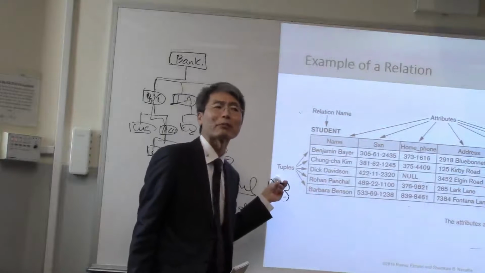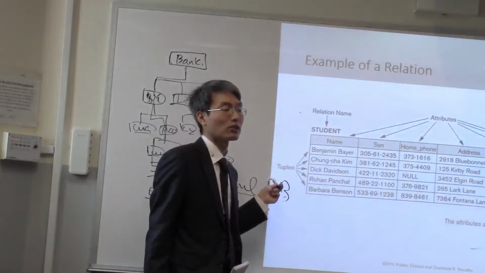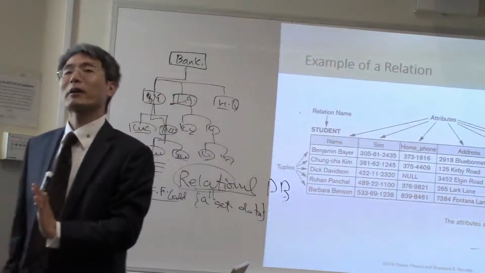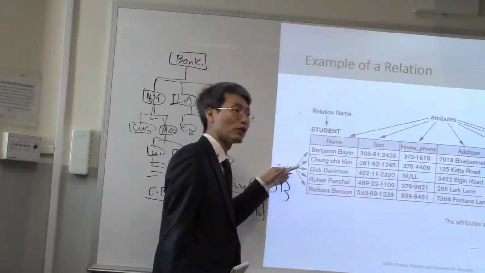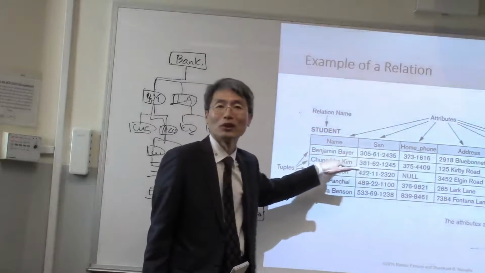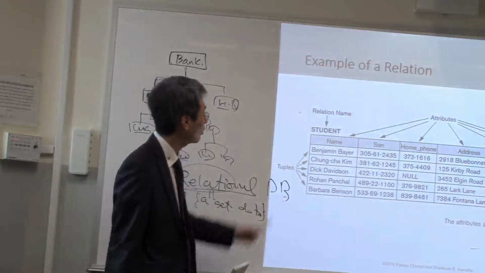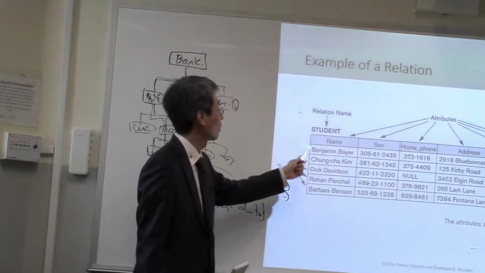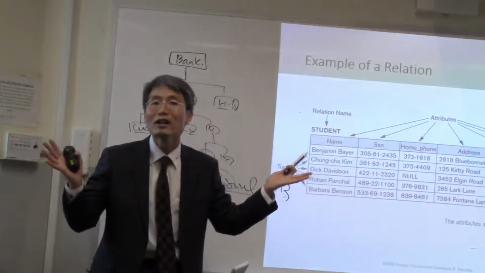You may see the name tuple many times. In the database community, we prefer to use tuple instead of row. But practically, we use row also. So a group of tuples, that makes sense. A group of rows, a group of data. So it's all a relation.